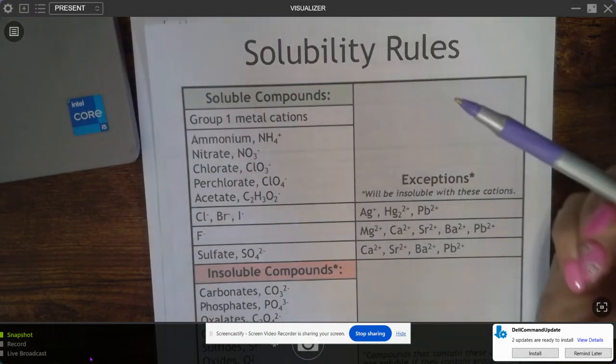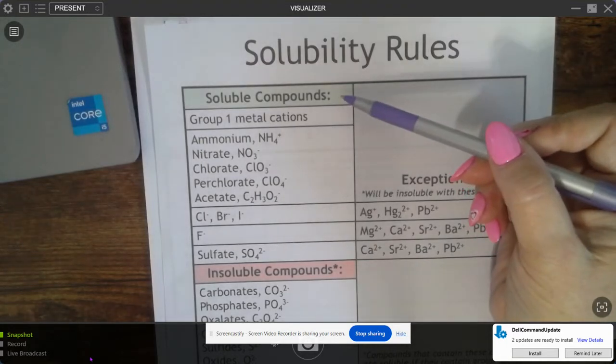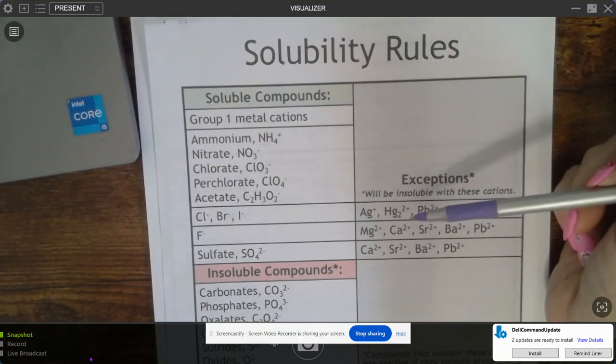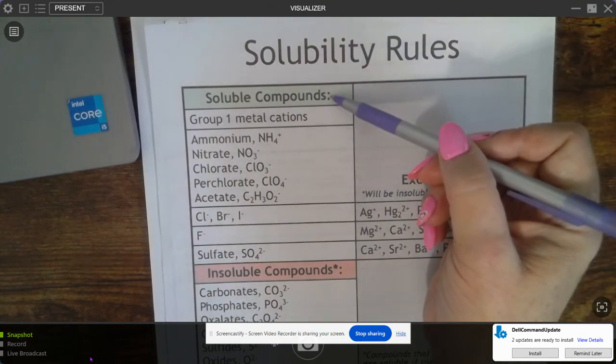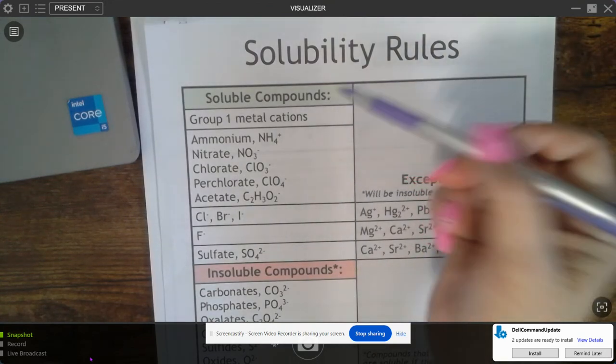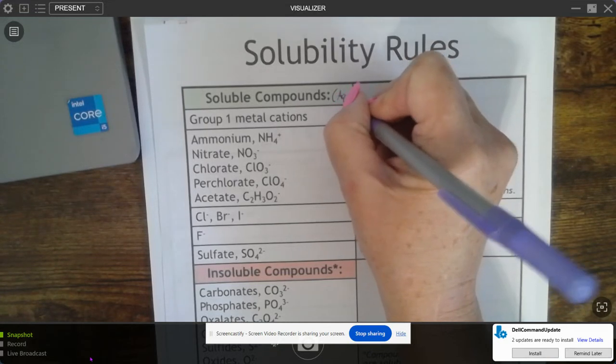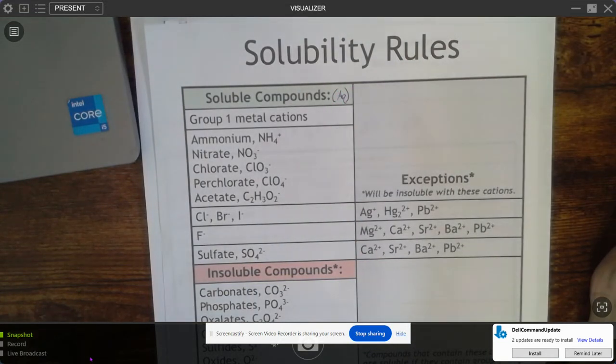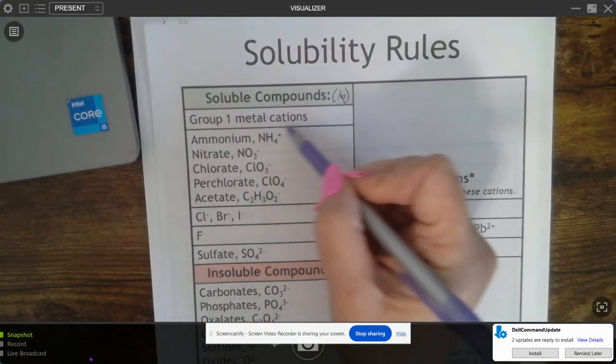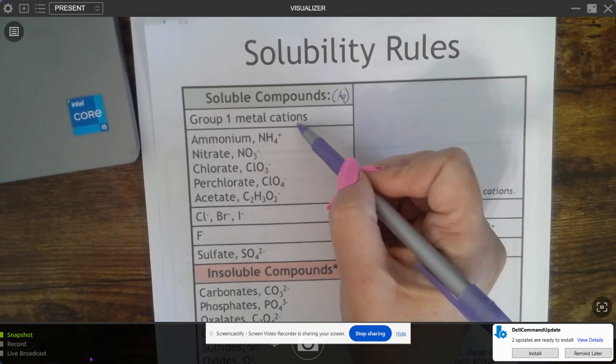Okay, so what we need to know, and you will have access to this for quizzes and tests, is soluble compounds. This means these are compounds that dissolve in water. So in terms of the state, they would be listed as aqueous. All group 1 metal cations are soluble.